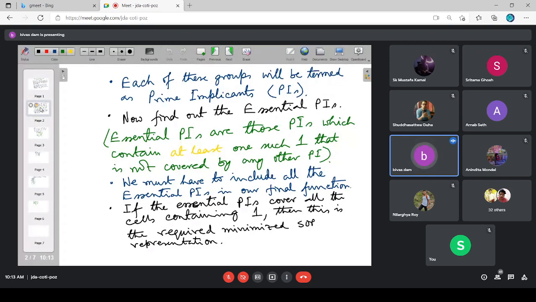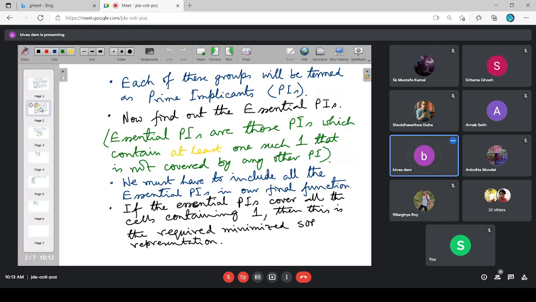Now, what do you mean by essential prime implicant? One essential prime implicant is basically representing one group which covers at least one such cell containing one, which is not being covered by any other PI or any other group.